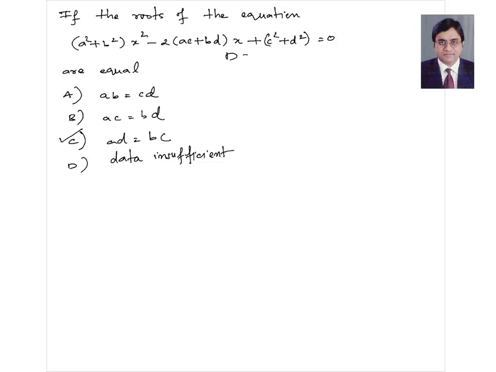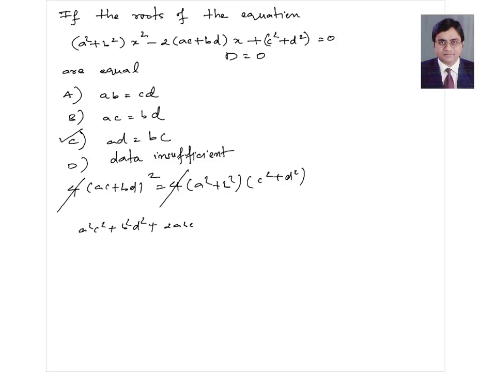Equal means D equal to 0. That means minus 2 (ac plus bd) whole square equal to 4 times (a square plus b square)(c square plus d square). 4 is positive, you can cancel it. Open the whole thing: twice abcd. Right side also open the whole thing: a square c square, a square d square, b square c square, b square d square.